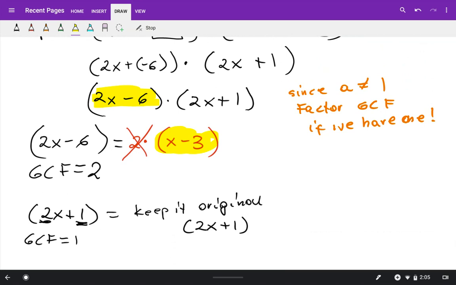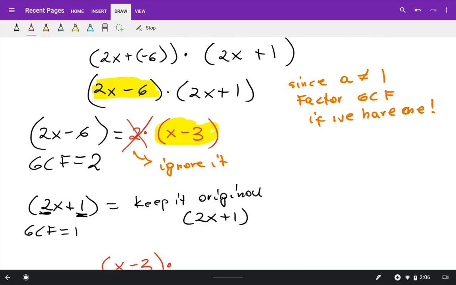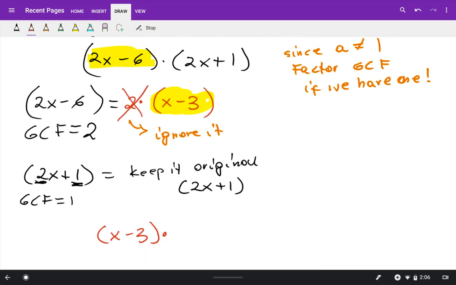And this is the algorithm. So we end up with x minus 3 times, and the second parenthesis stays the same because GCF is 1, so we just keep the original 2x plus 1.